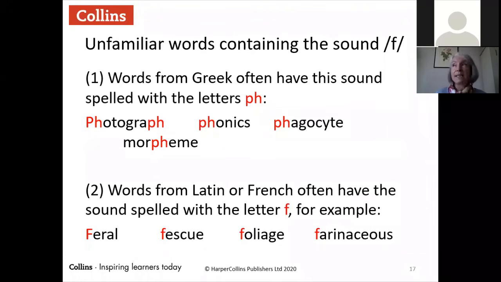If the adjudicator says Latin or French or German, that's probably a clue that it's F and not PH. So it can be quite helpful asking where words come from when you've got the F sound in an unfamiliar word.